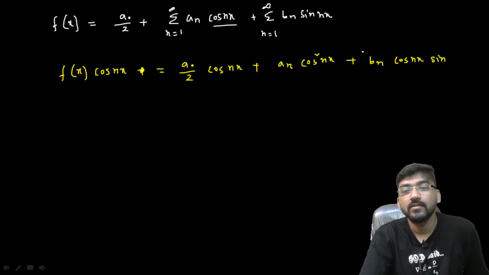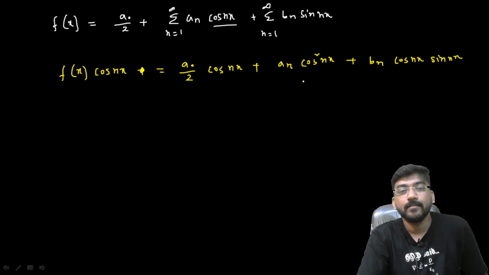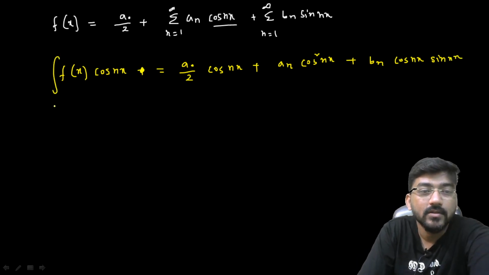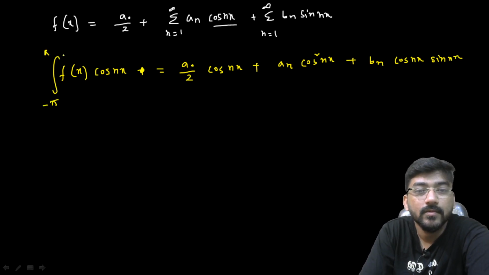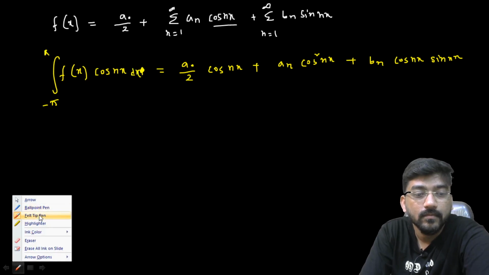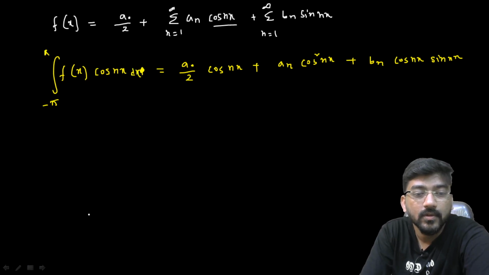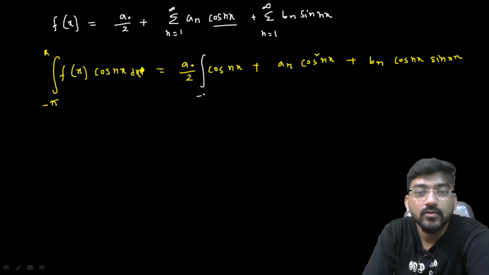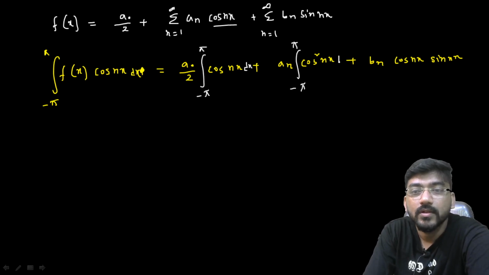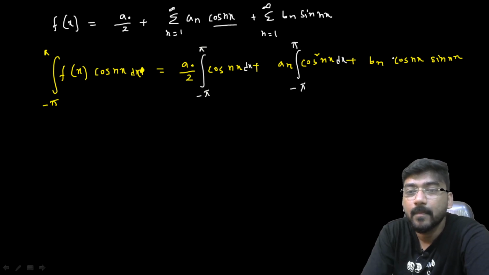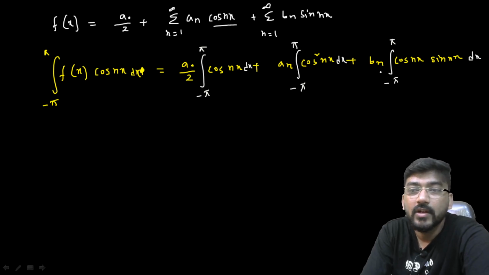This is just notation. Now if you integrate within the same limit, minus pi to plus pi dx, and this is also minus pi to plus pi dx, and each term likewise. I told you earlier in the last class that this will be 0.